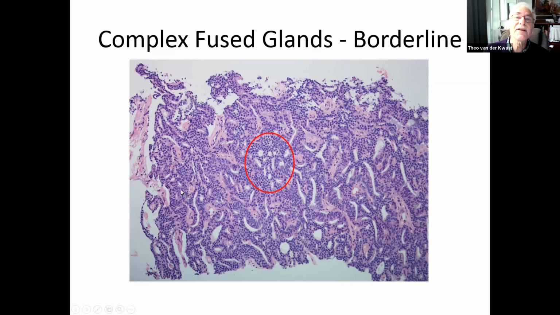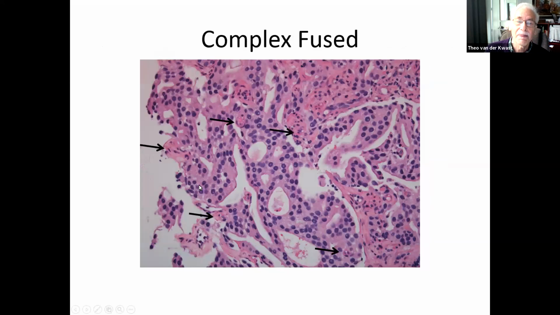And I think in this situation, you still would call this cribriform, but I'm sure that there will be no inter-observer agreement among panelists. So this is an example where you have a kind of borderline situation between complex fused glands and cribriform pattern. Personally, I would consider this as cribriform pattern.